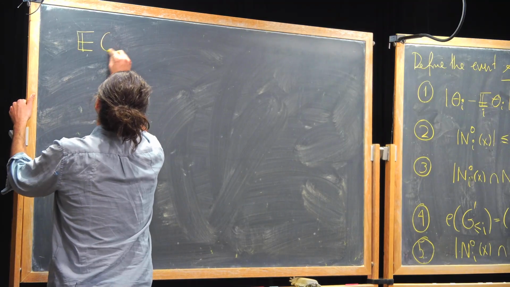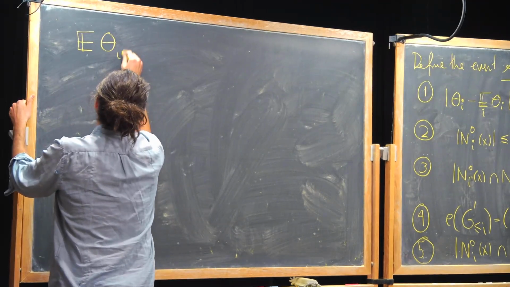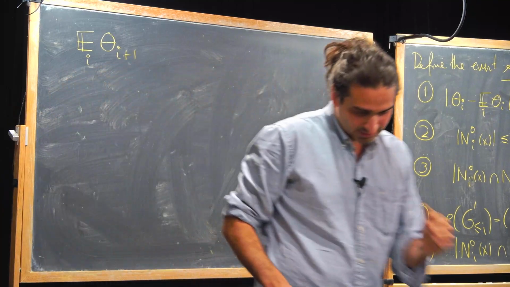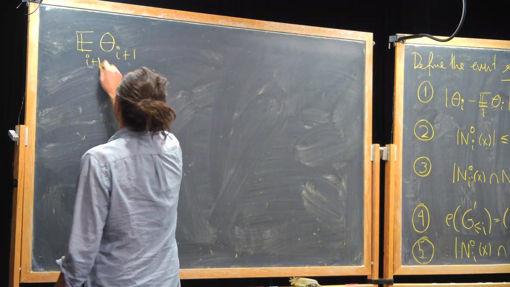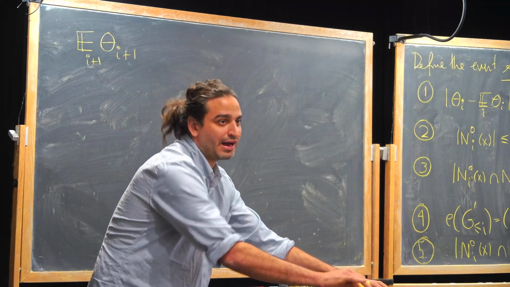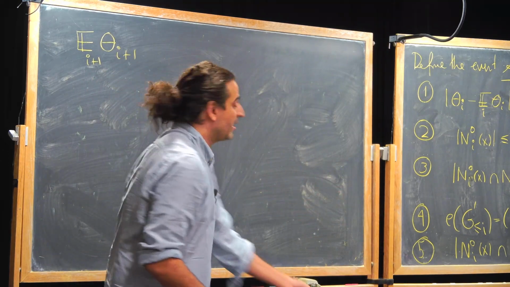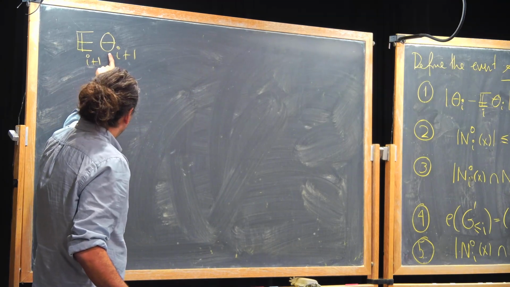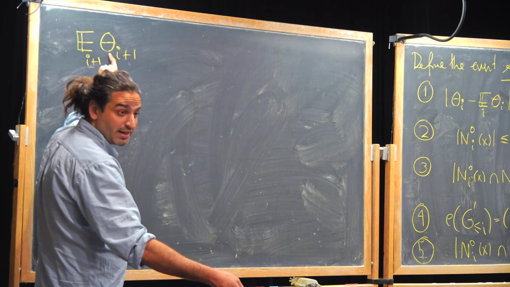So that's what I'm on a quest to understand now. The first thing to notice is the following, and this holds by definition. Here I'm imagining I've fixed my graph at stage i, and now I've done my i+1 sprinkling, and I'm interested in the expected density of open edges after this i+1 step.